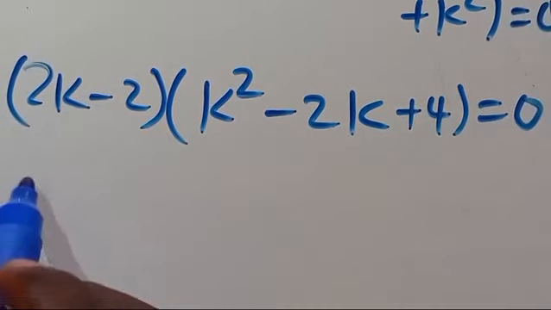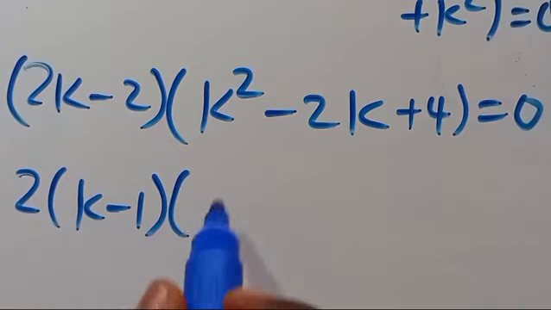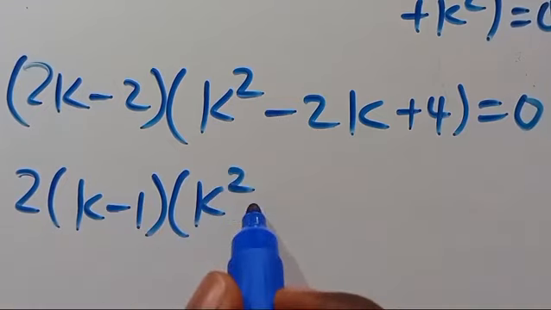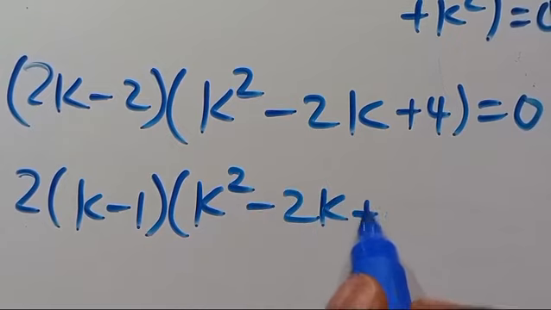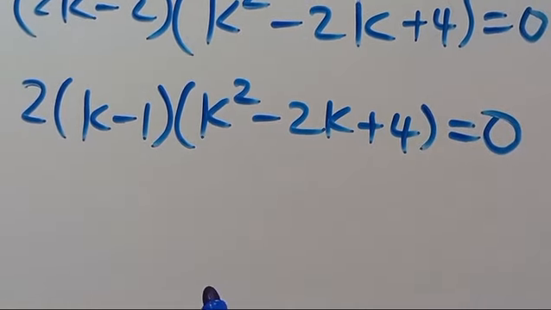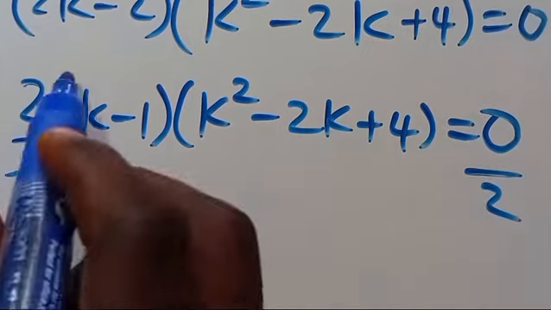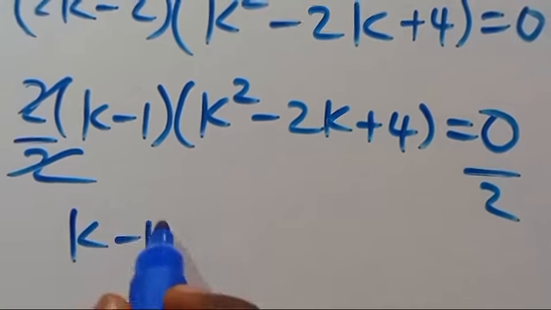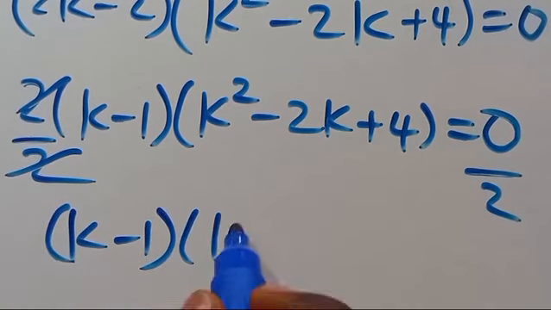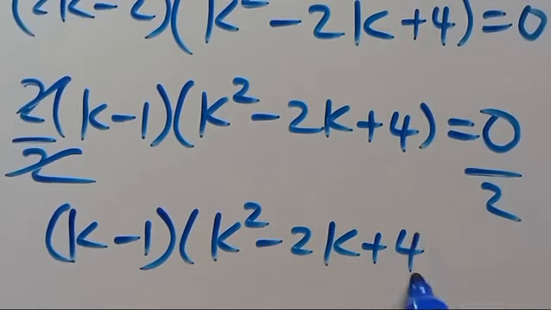Let's factor 2 from here. Here will be 2 multiplied by (k minus 1) multiplied by (k² minus 2k plus 4) equals 0. So dividing through by 2, we have (k minus 1) multiplied by (k² minus 2k plus 4) equals 0.